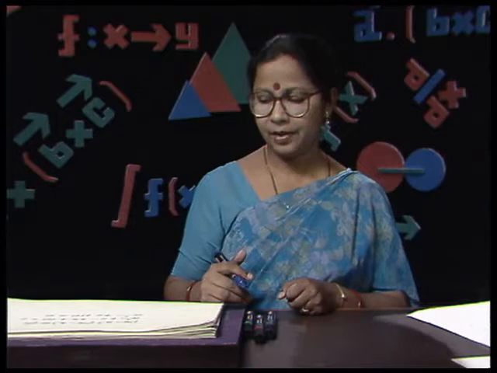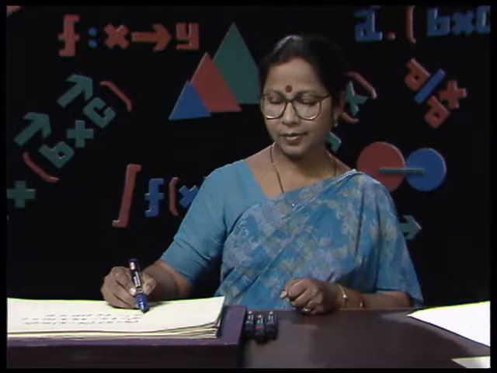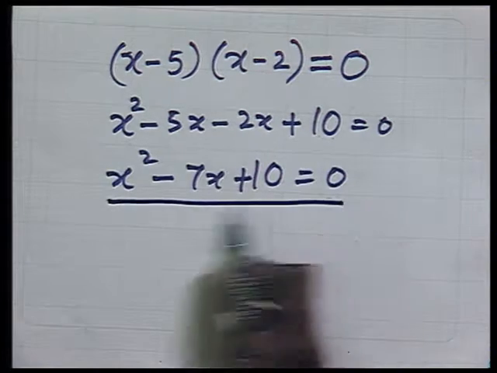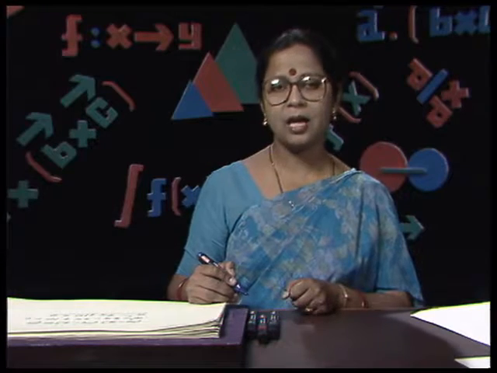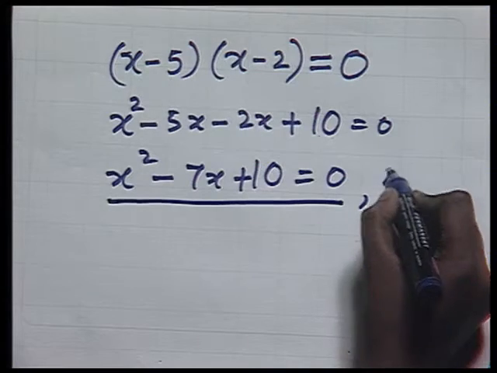Let us see. Observe the equation x square minus 7x plus 10 equal to 0. We were given that the roots of this equation are 5 and 2.